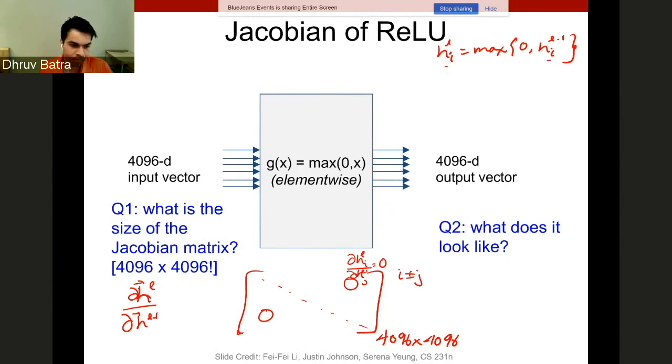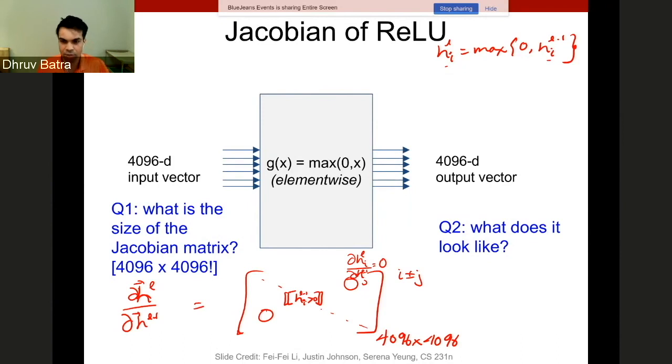Yep. It's binary, 1 or 0. So the diagonals of this matrix are basically indicator variables checking whether H_i^(L-1) is greater than 0 or not. If the input coming in was positive, the diagonal is 1. If the input coming in was negative, the diagonal is 0. Right. So this part is pretty clear.